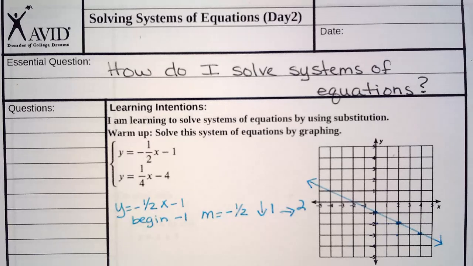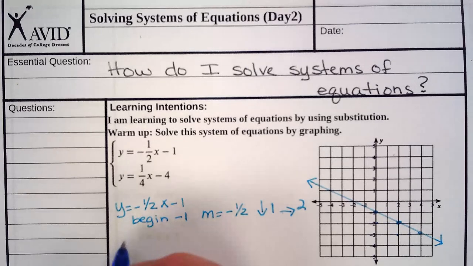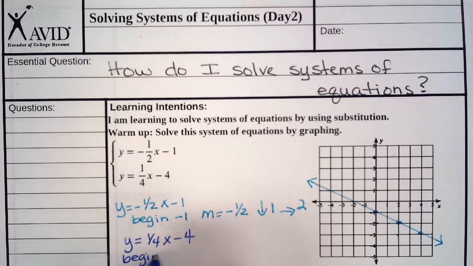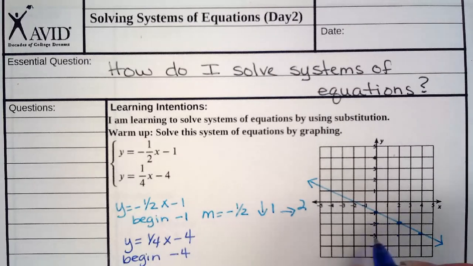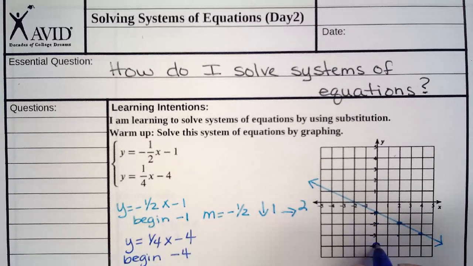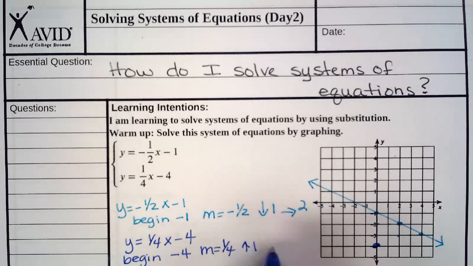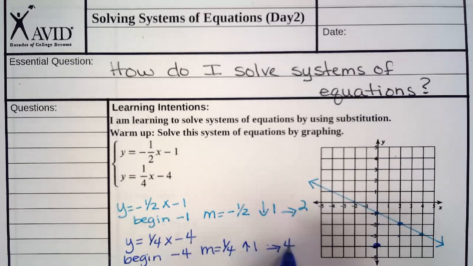For the second one, y equals 1/4 x minus 4. You begin at -4. You move 1/4, which is up 1 and then right 4.